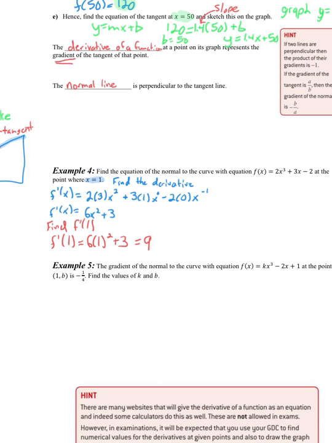So now, what the 9 tells us, this is the slope of the tangent line. Is 9. Well, the slope of the normal line is going to be negative 1/9.